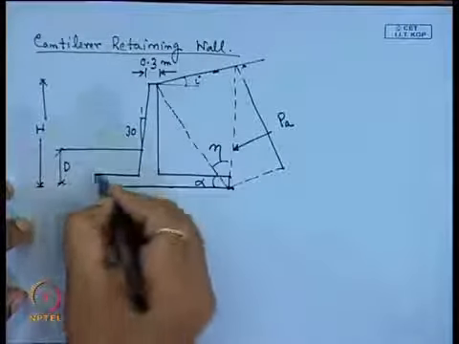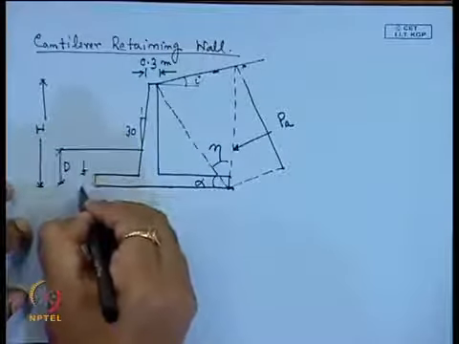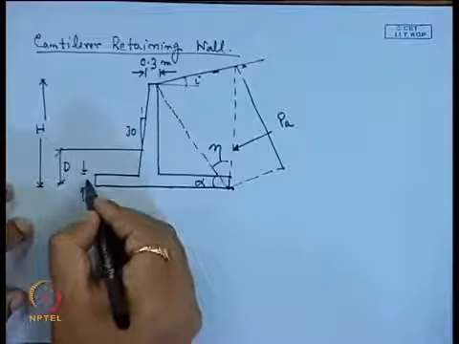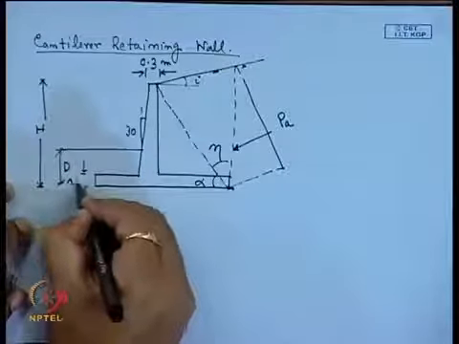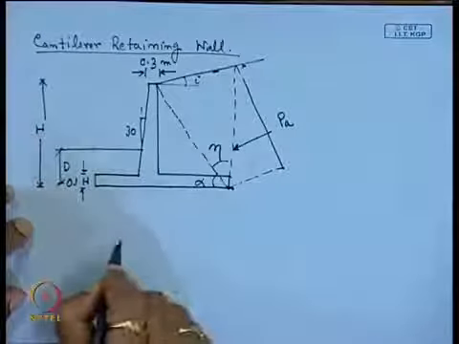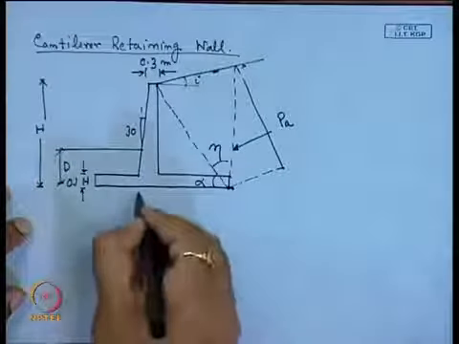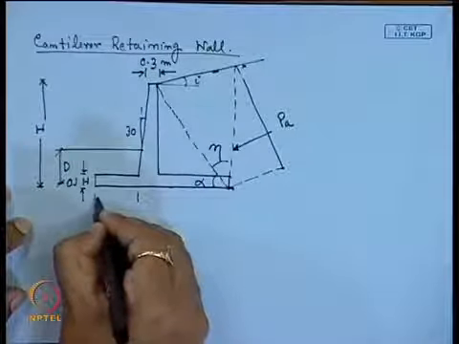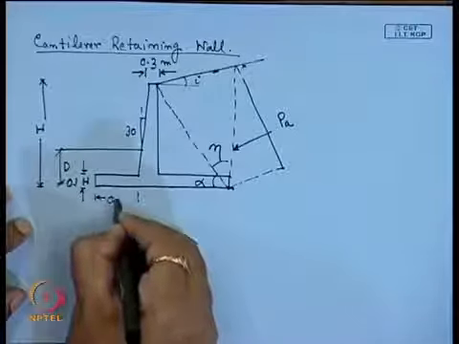Now, this height h, the thickness of this base is 0.1 h. This is 0.1 h. Now, this distance is also 0.1 h.